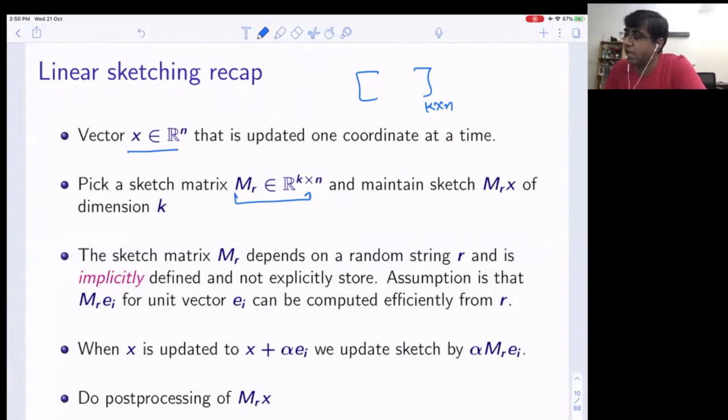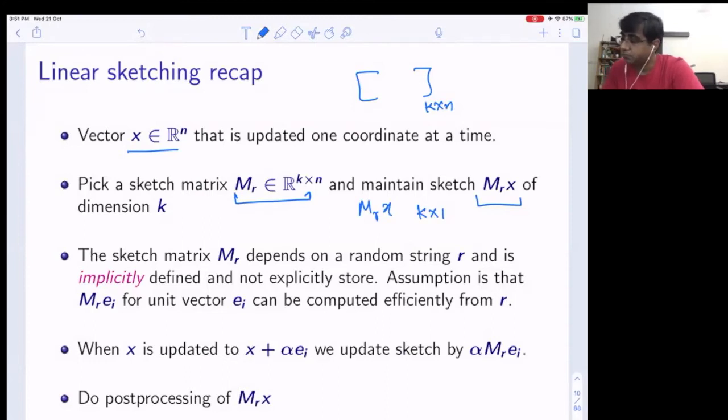We maintained a sketch M_r x of dimension k by 1. So basically you are given an n-length vector, but what you are storing is M_r x. You are mapping an n-dimensional vector to a small, k-dimensional vector by multiplying with this random matrix M_r.